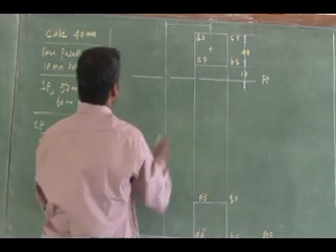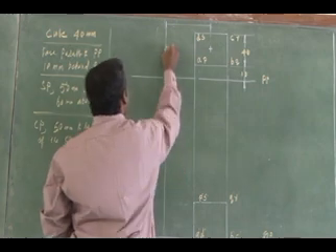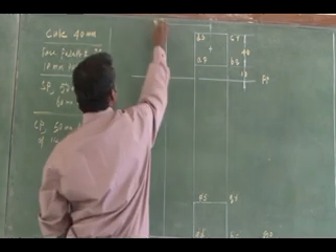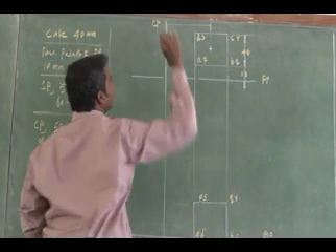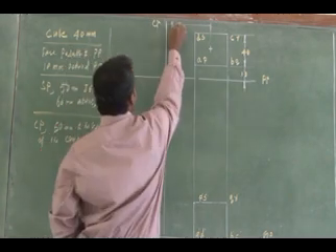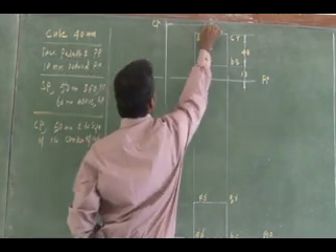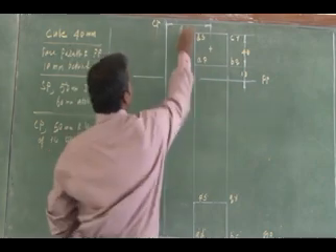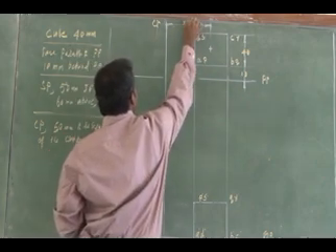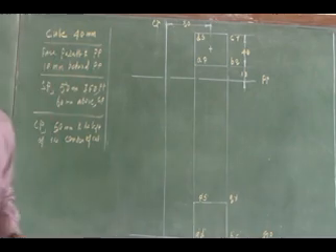So my center plane is this. This is my center plane. Right. The distance is 50 from the center.